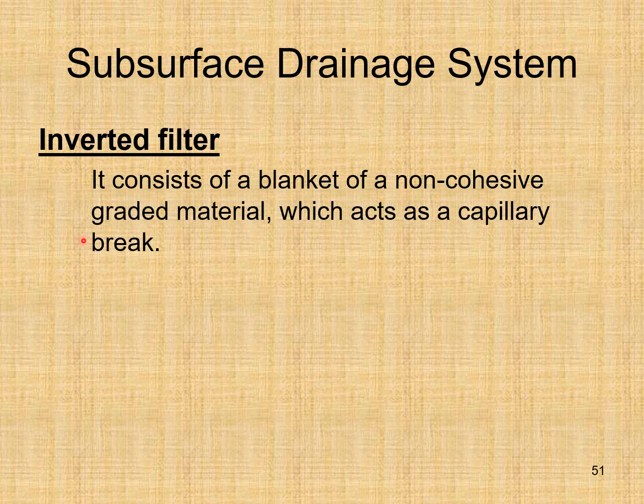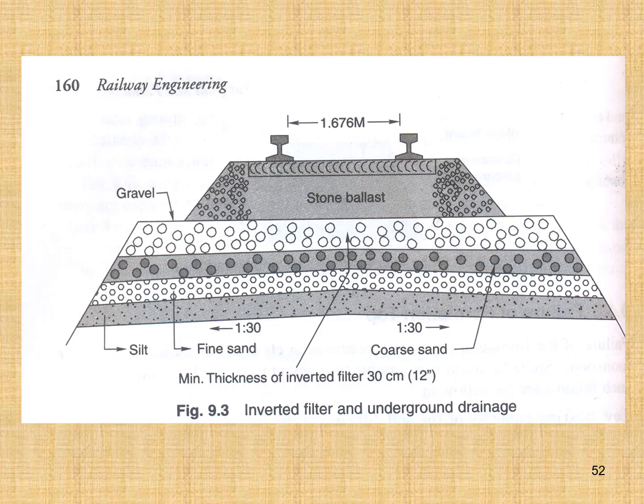So basically when you are using the filter, it will permit the seepage, but it will stop the movement of very fine particles of material. So here you can see that we are having the inverted filter which has been provided, and the minimum thickness of inverted filter is 12 inches or 30 centimeter.